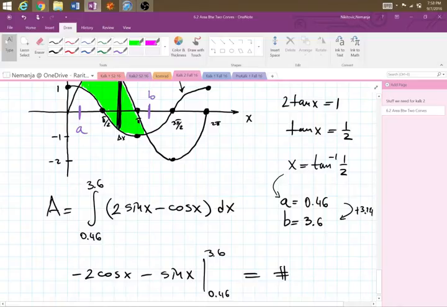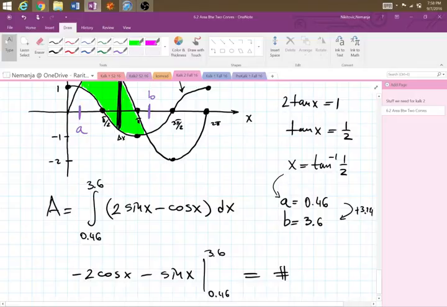So why is the bottom one negative? What do you mean, bottom one negative? Which one are you talking about? The integral up top. It's 2 sine x minus cosine x. Yes. Then why is it negative 2 cosine x minus sine x?